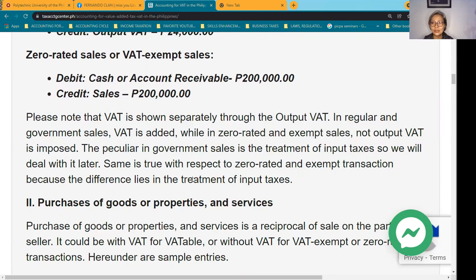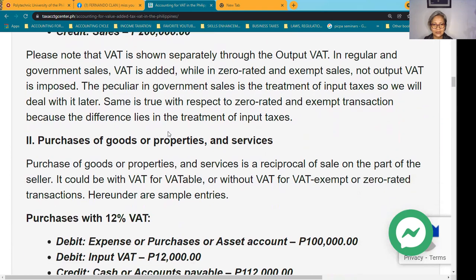Pero when you transact with the government, withholding agent din siya. Withhold mo yung VAT kasi ikaw magbabayad sa BIR, pero yung government mag-withhold din from you. Parang hinahati yung withholding ng VAT between the government and the seller. So, ganun yung nature pagka government yung ka-transaction.